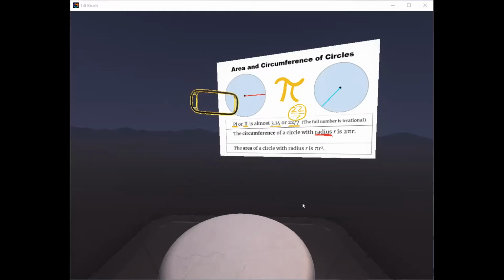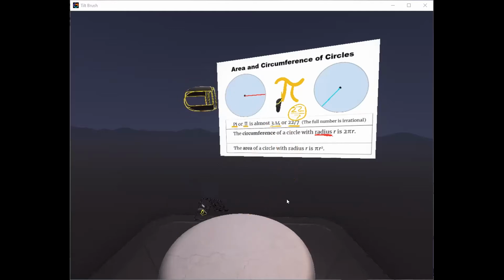Excellent. Good interaction. So those are the two ways that you can estimate very close to what pi is. But pi itself isn't exactly 3.14. You might know this, but pi is what we call an irrational number, because it's a number that doesn't end.